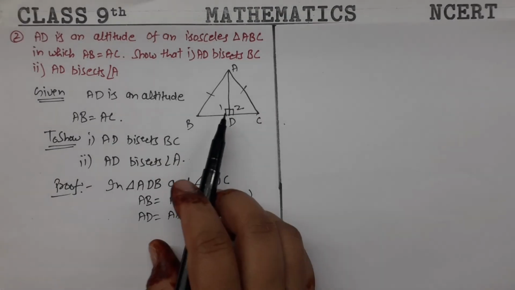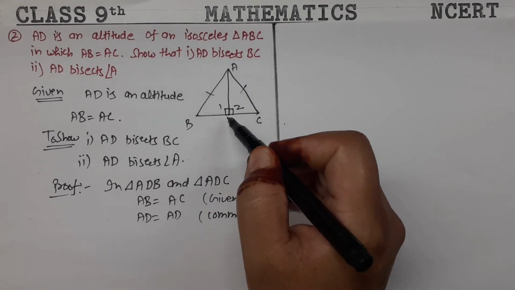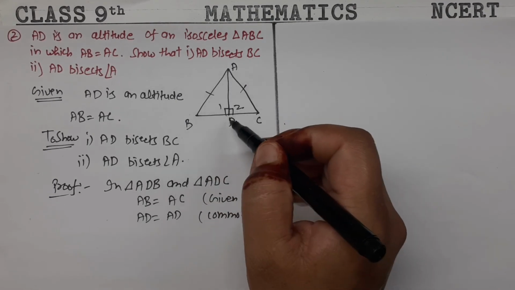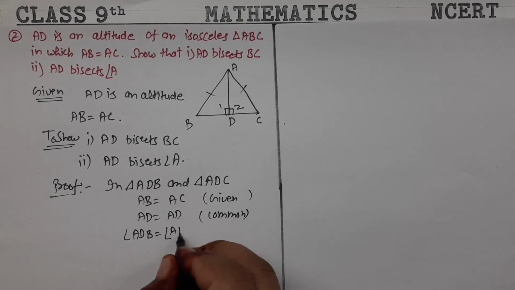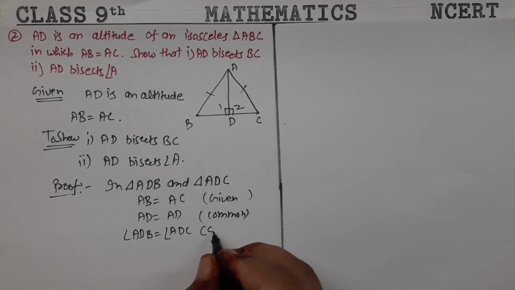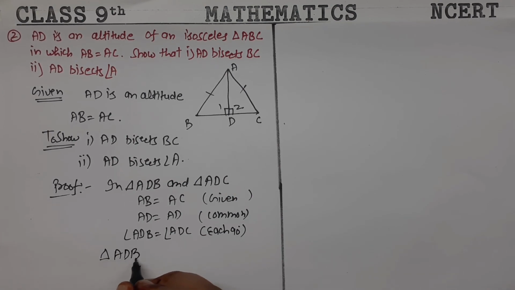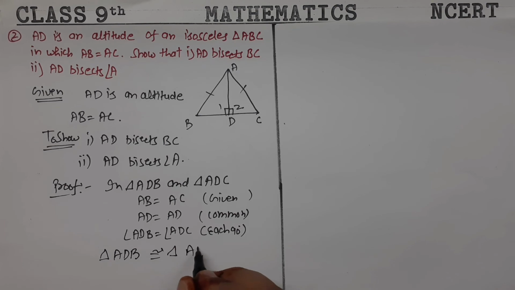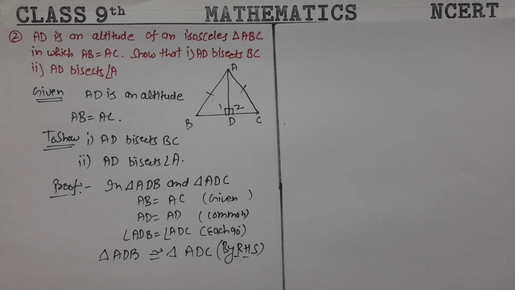Let us give these the names angle 1 and angle 2, or we can write angle ADB equals angle ADC, each 90. So triangle ADB is congruent to triangle ADC by RHS, right angle, hypotenuse and a side.